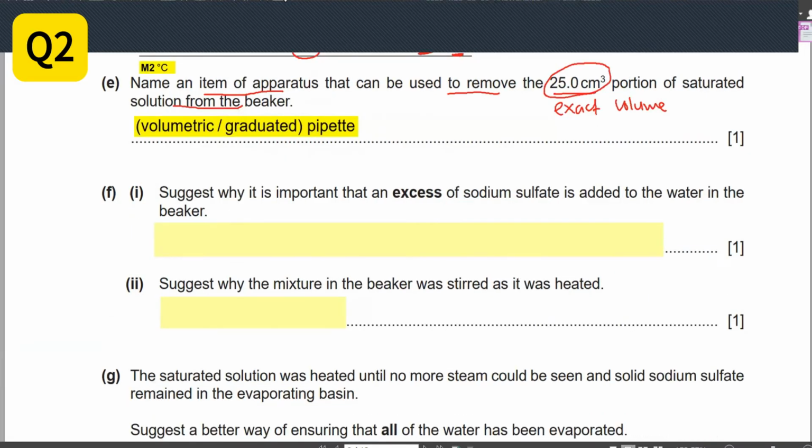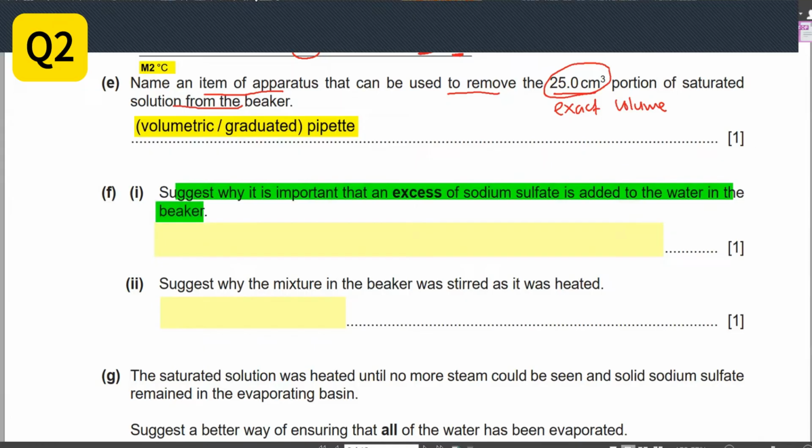Suggest why it is important that excess sodium sulfate is added to the water in the beaker. At the start of the experiment, we add the sodium sulfate, make sure that it is in excess, and then we add the water. We make sure that it is in excess so that we have more than enough, because we want to find out the solubility at different temperatures.